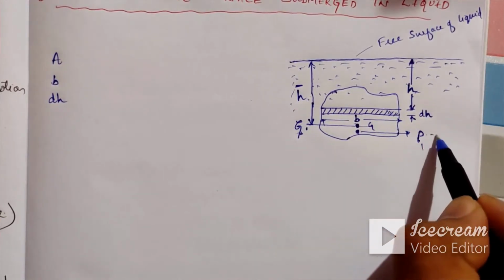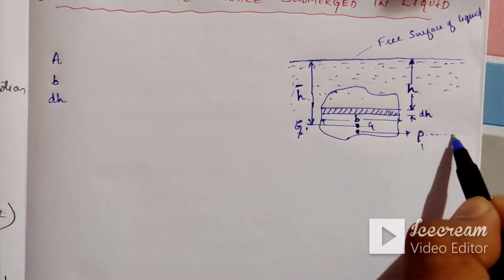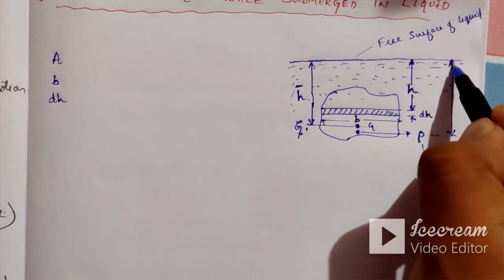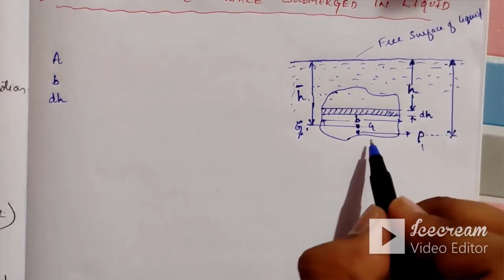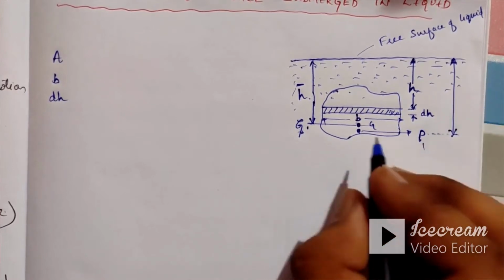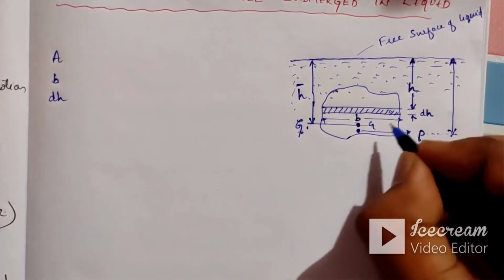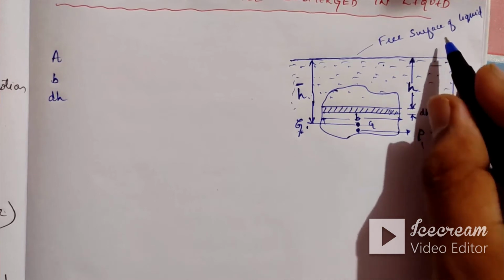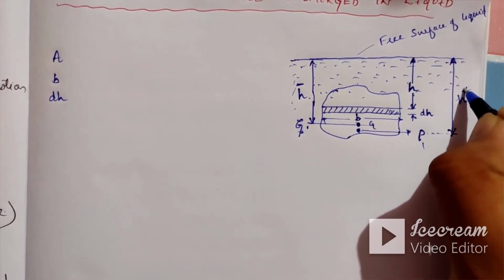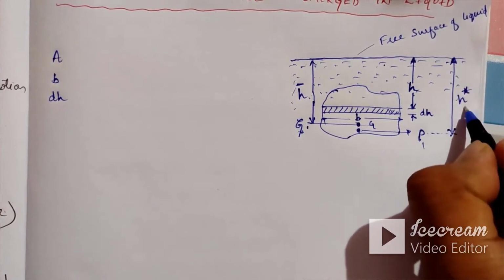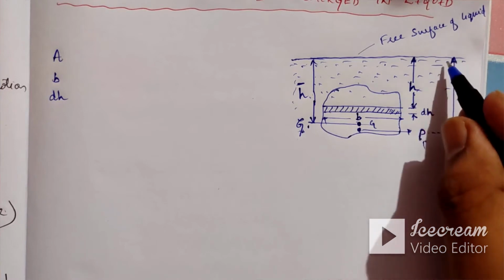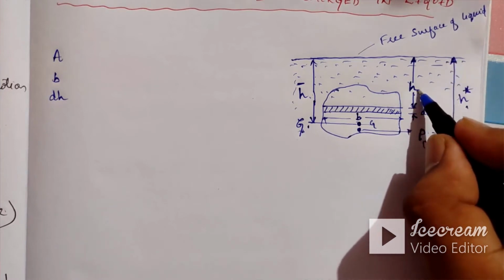So the distance of P, this is just imagination. The distance from the free surface of the liquid to P will be h star. So h star is the distance of the center of pressure from the free surface of the liquid.